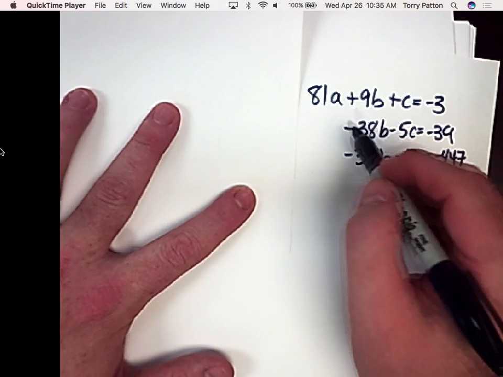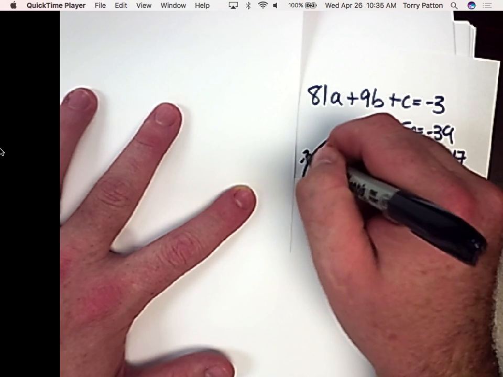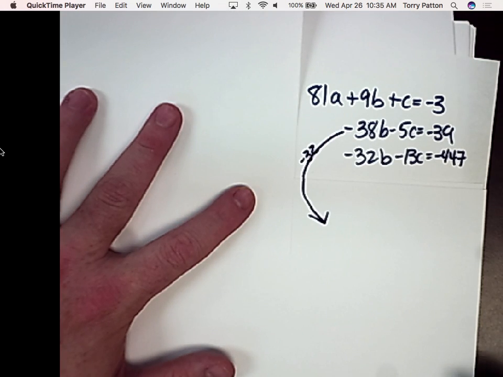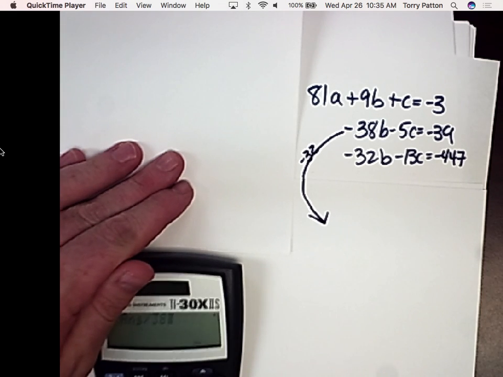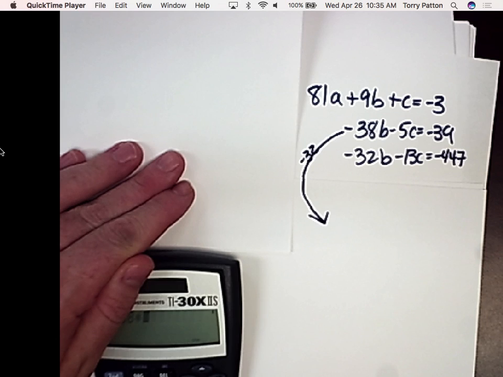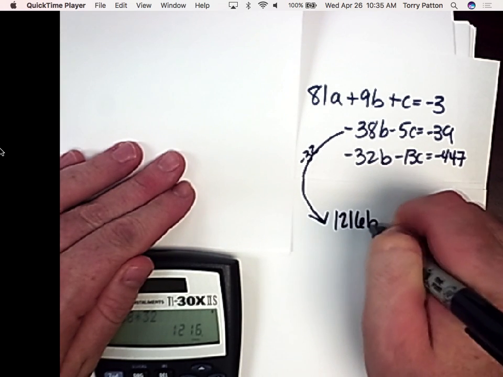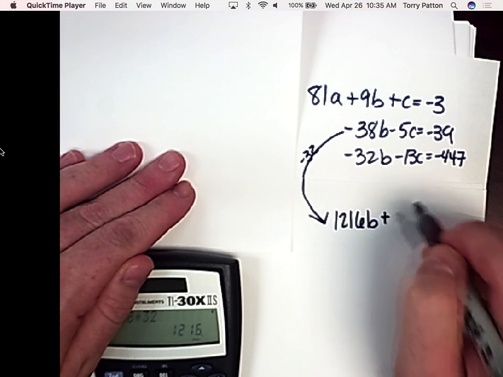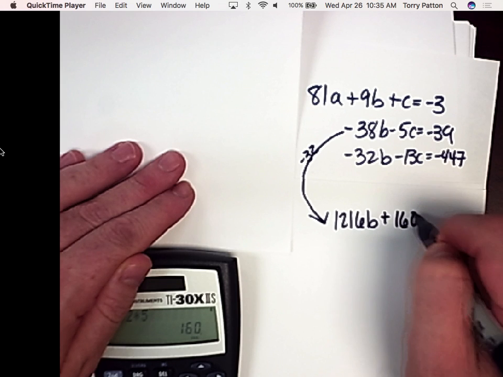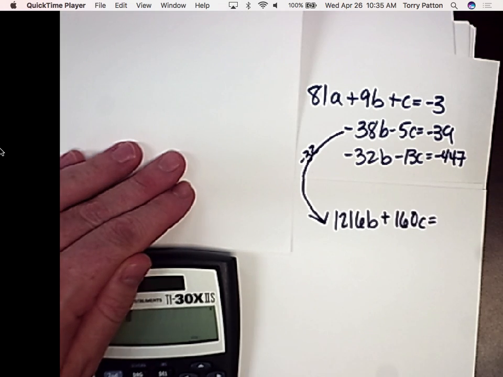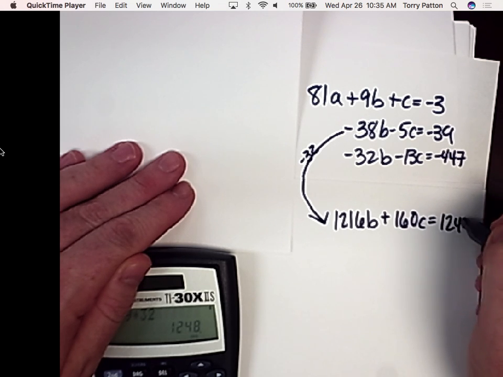Okay, so the top one, and let's do negative 32 so that the top's positive. Okay, so 38 times 32 is 1216b plus 32 times 5, 160c equals 39 times 32, 1248.